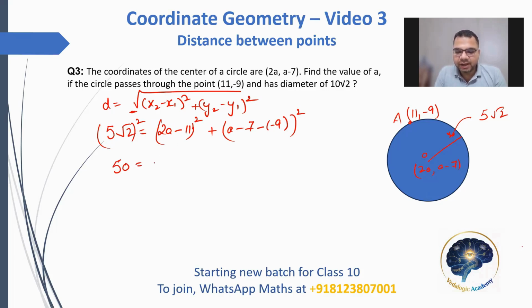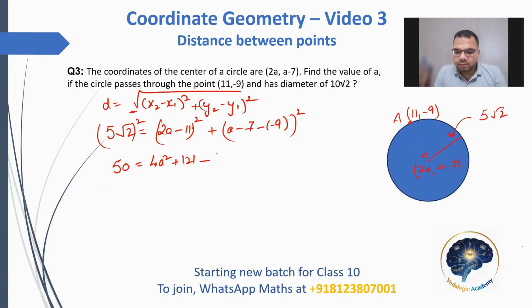And on the right side, I'll have 4a square plus 121 minus 44a, plus, so this will become a minus 7 plus 9, which is a plus 2. So it becomes a square plus 4 plus 4a.